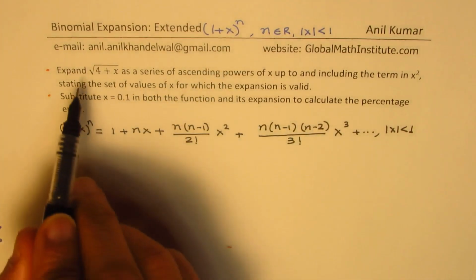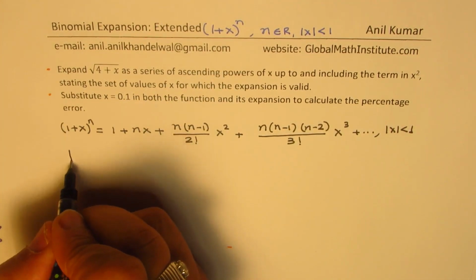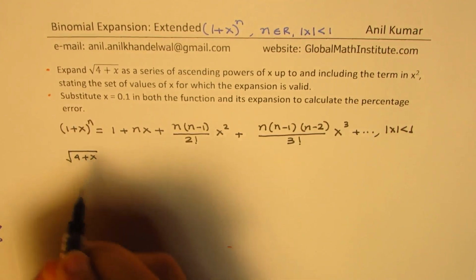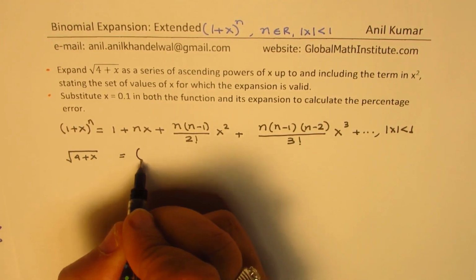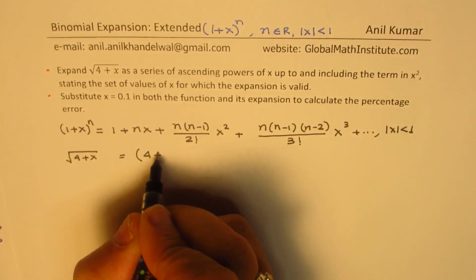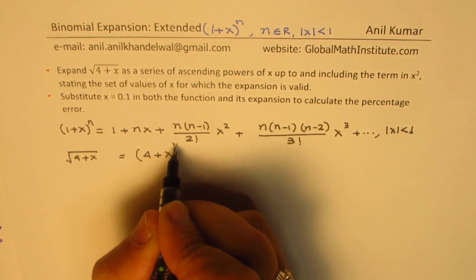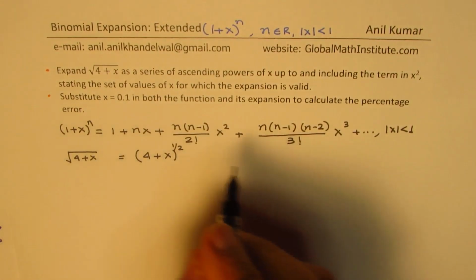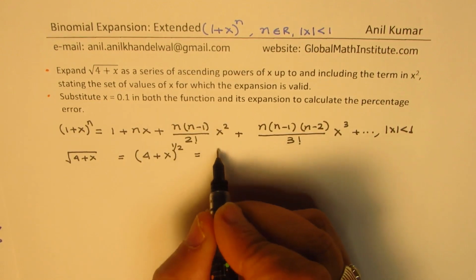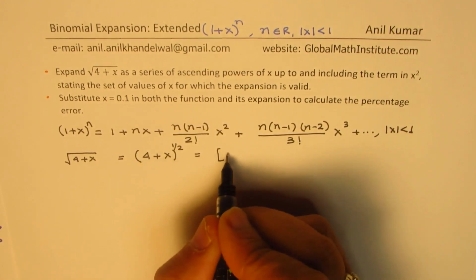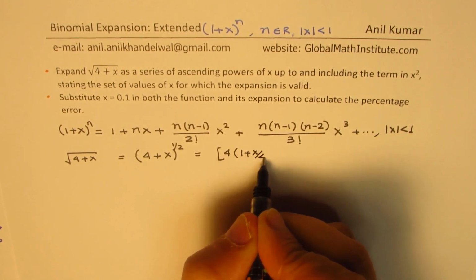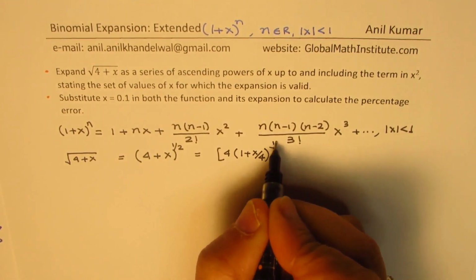Now in our case, what we have is square root of 4 plus x, correct? So square root of 4 plus x, think like this: it is like 4 plus x to the power of half. So the value of n is a real number. It is not a natural number, right? That is one part. Now that could be written as something like this. We can take 4 common, and so we get 1 plus x over 4 to the power of half.